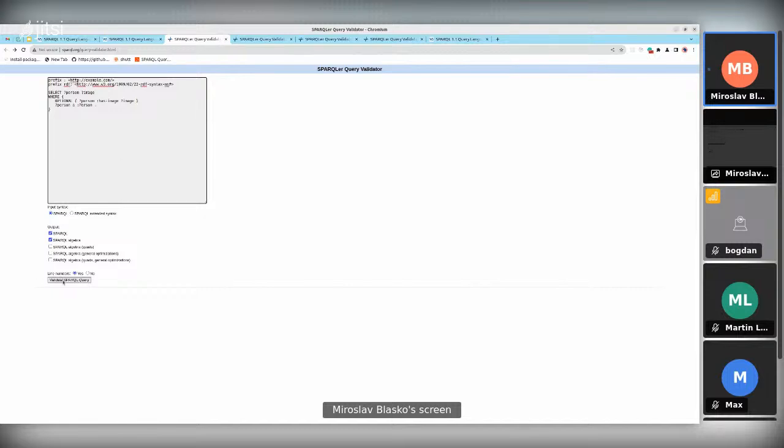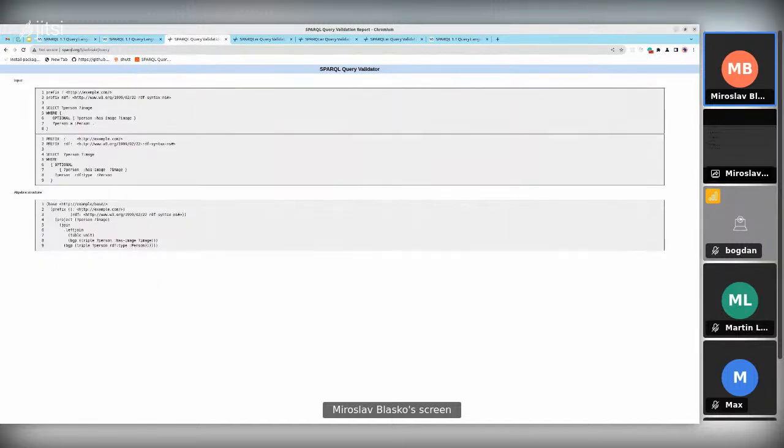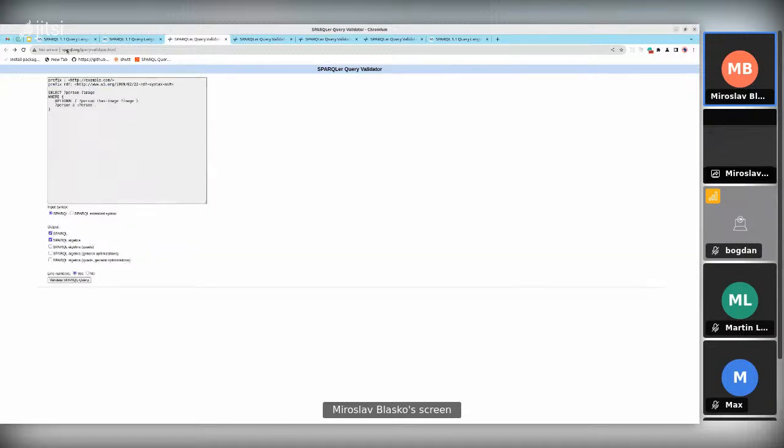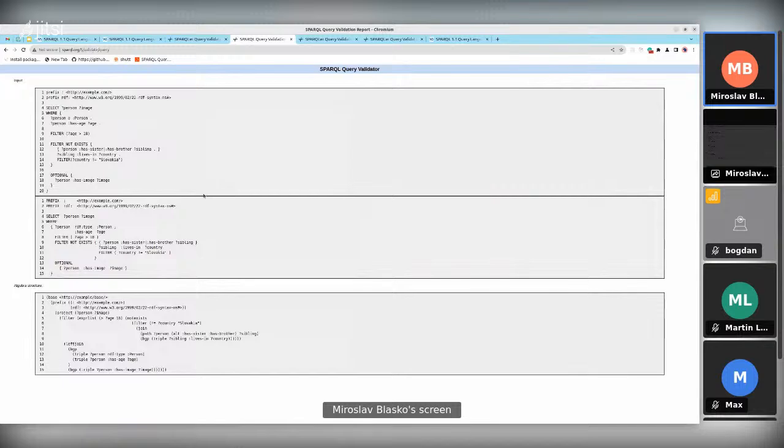Let's try this. Here is this table unit that I was talking about. And also you can put in the other query that is more complex to see how it translates.